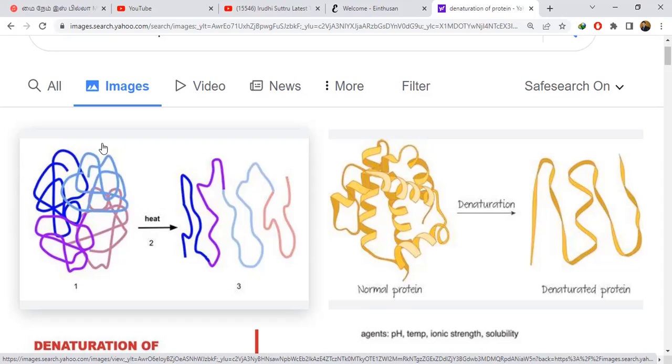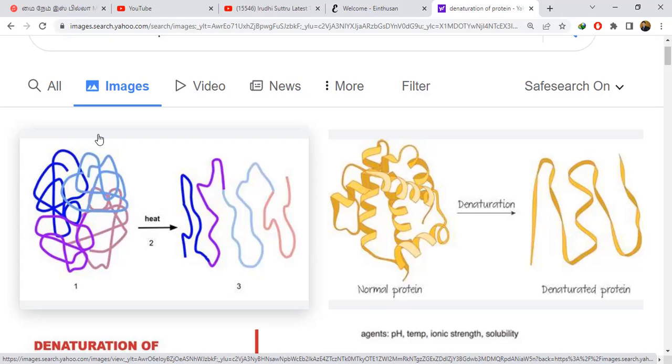When denaturation occurs, the protein molecule will lose its biological function. If an enzyme undergoes denaturation, thereafter it can't do catalytic activity. If hemoglobin undergoes denaturation, it can't transport oxygen.